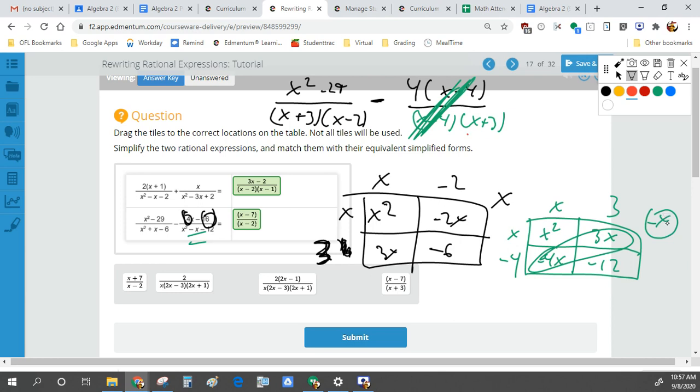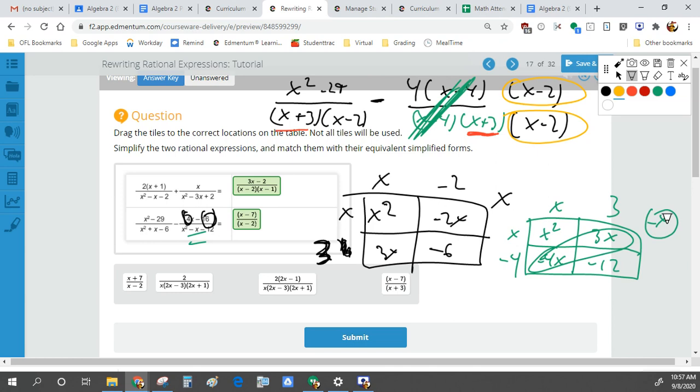So I already have a duplicate here. So the only thing I need to change is this over here needs an x minus 2. So I'm going to multiply the top by x minus 2, and I need to multiply the bottom by x minus 2 also. So I'm basically just multiplying this top and bottom.